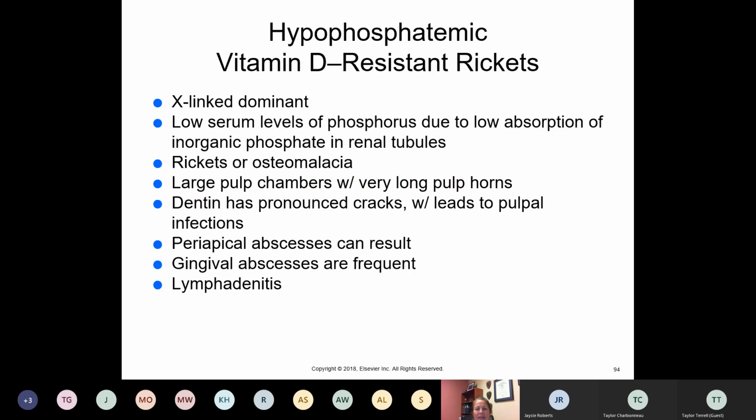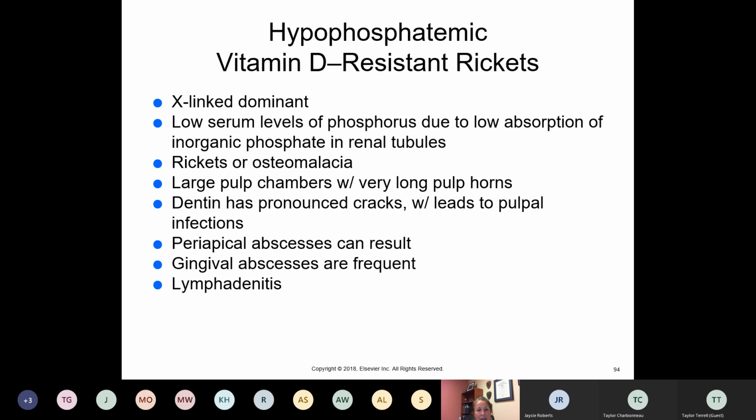We talked about vitamin D in nutrition, and you remember that it's associated with rickets in kiddos, osteomalacia in adults. So if we have hypophosphatemic vitamin D resistant rickets, again, that makes me think there's going to be a bone defect or lack of, because both of those, vitamin D and phosphate, are important in bone formation.